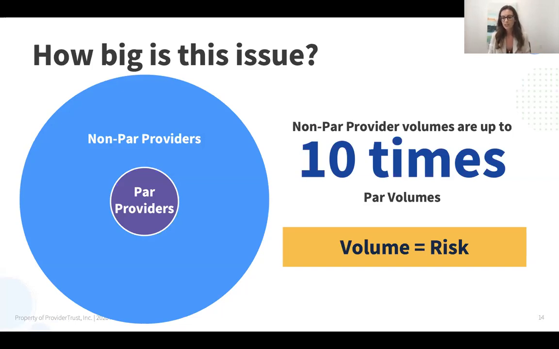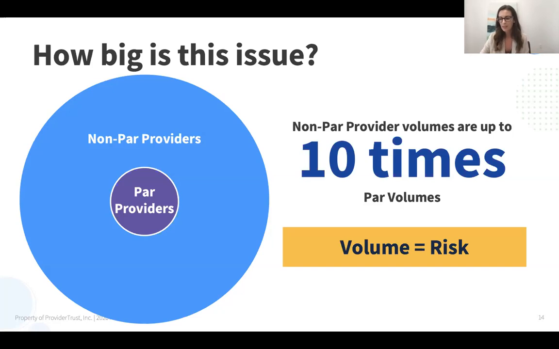But what I don't want us to lose sight of here is that even when we've controlled for the size of those populations, the non-par group has about a 2-times risk of an exclusion being within that group than a par provider. And that's obviously very clearly related to the number of hoops that provider record has to jump through in order to get to that network participation.